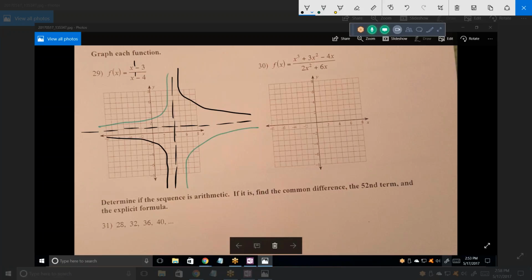So when x is equal to 0, what is f of x equal to? f of 0. Negative 3 over negative 4, which is positive 3/4. So I know that when x is 0, y has to be positive 3/4.